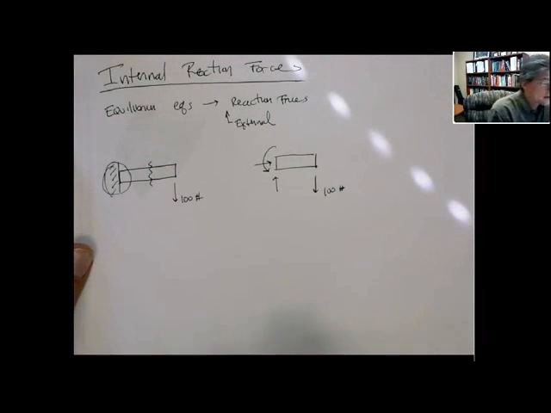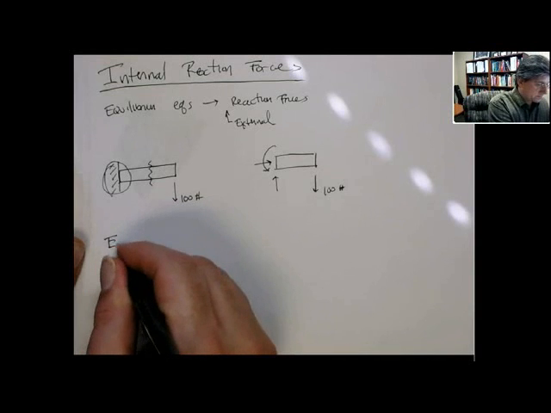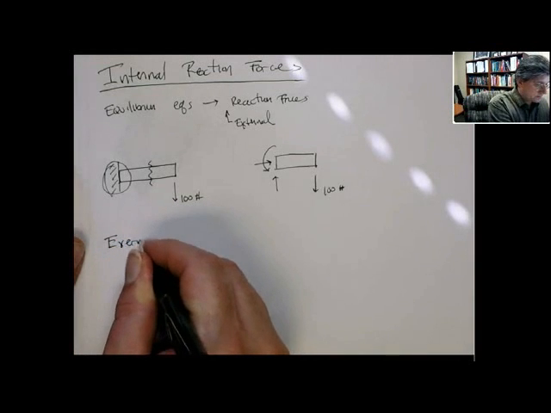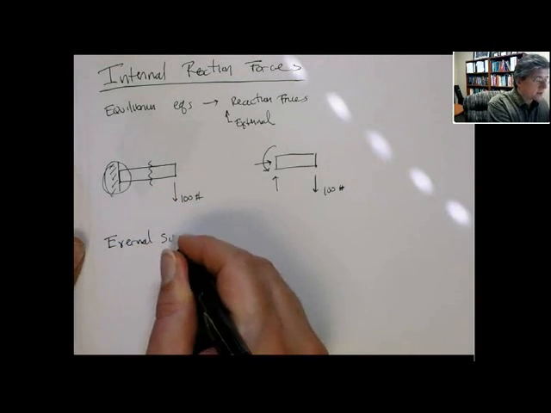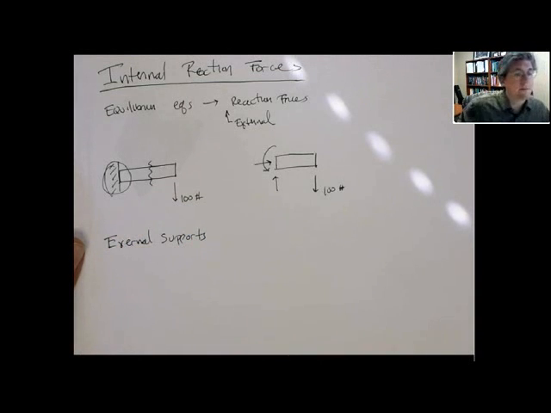Now, before I do that, I think just for completeness' sake, I should go over and categorize the different types of external supports. I don't know, this doesn't really belong in here. Well, it didn't seem important enough to make its own lecture, right?